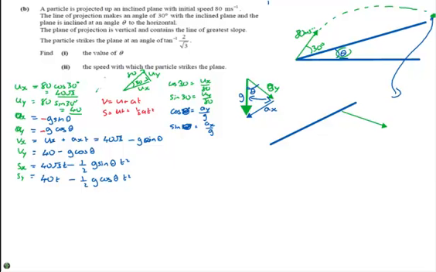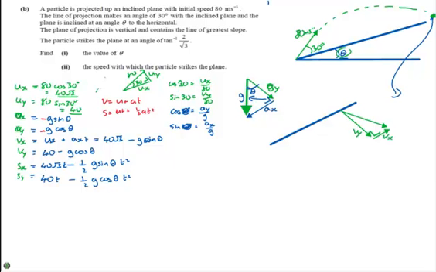Now this velocity will have two components. One component you could talk about being perpendicular to the plane, so that would be Vy, and one component will be parallel to the plane, which would be Vx. That's a right angle between them.